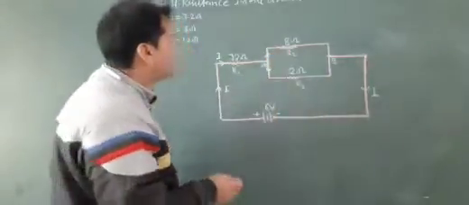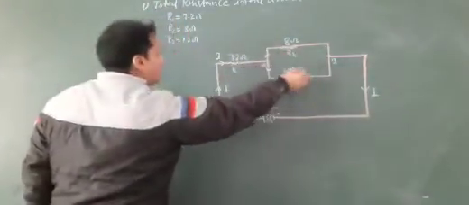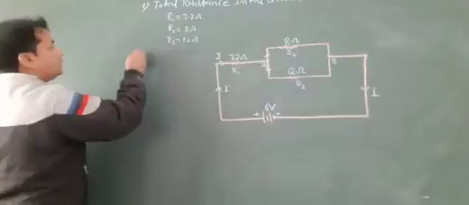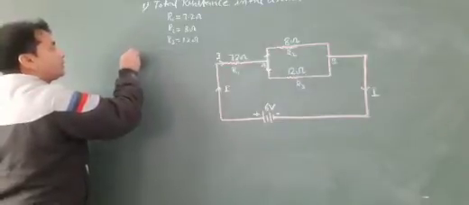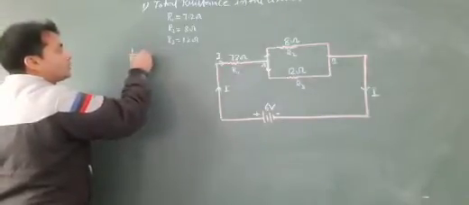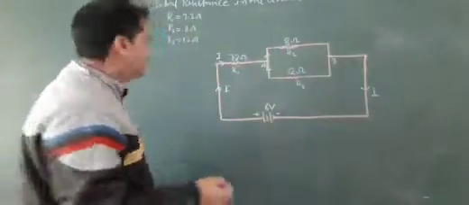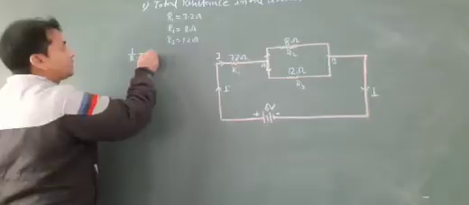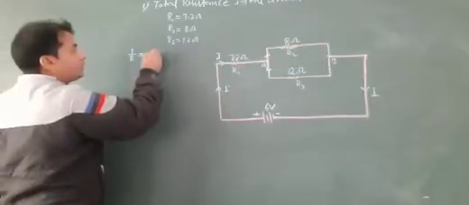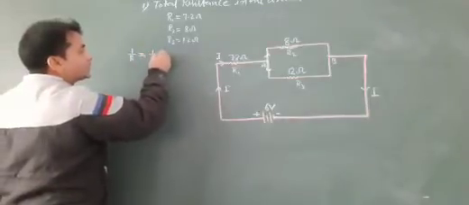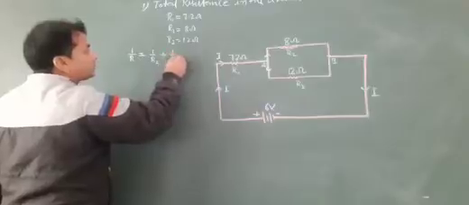Then 1 by R equals 1 by R2 plus 1 by R3.